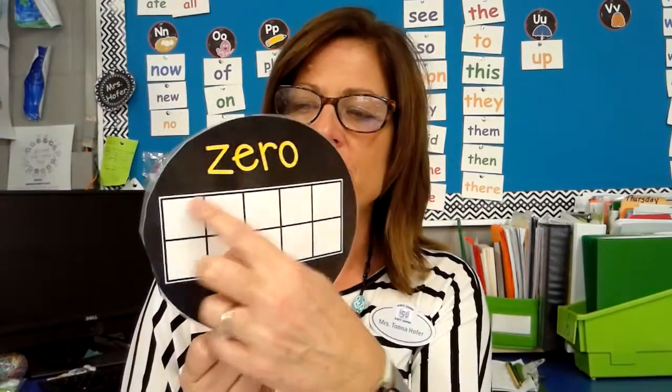Okay, how many more to get to 10? That's right, we need 10 more. There are 0 dots in here, so we have to fill every box, and that would be 10. Oh, this next one's easy. You're going to say the number super fast. Are you ready? Here we go. That's right, it's 1.